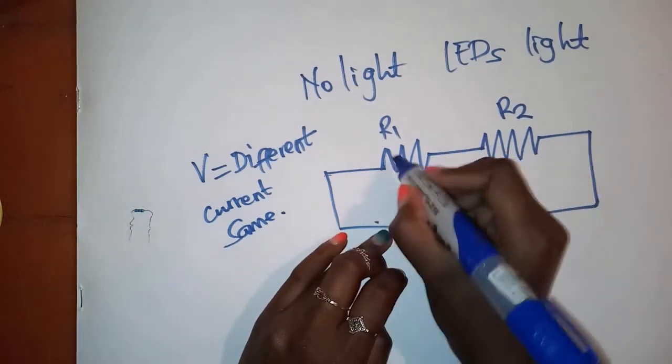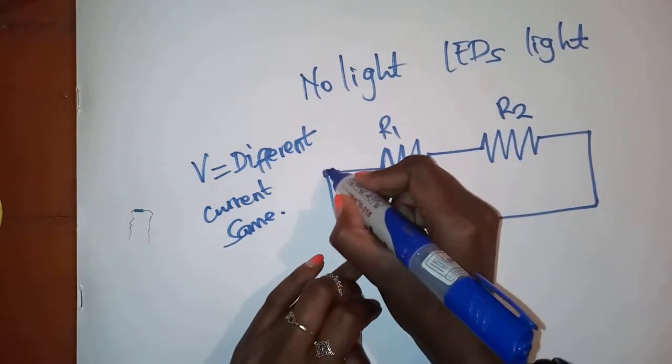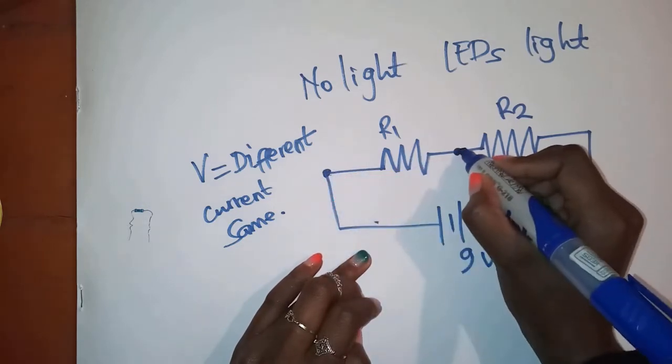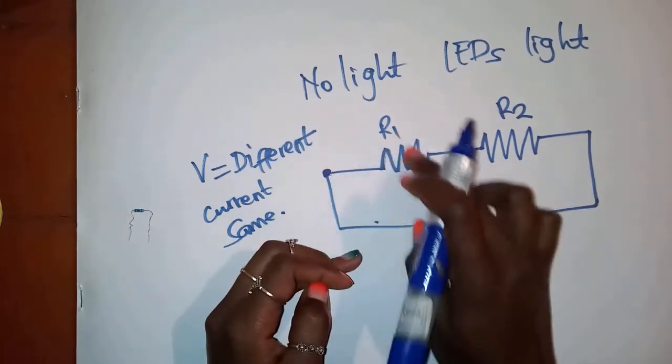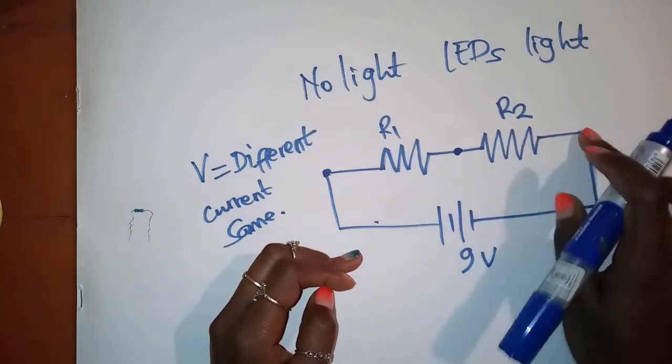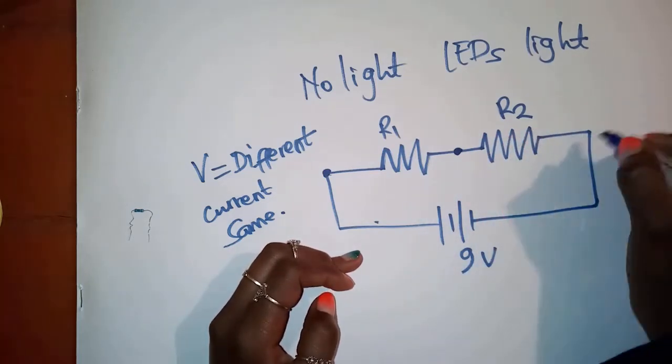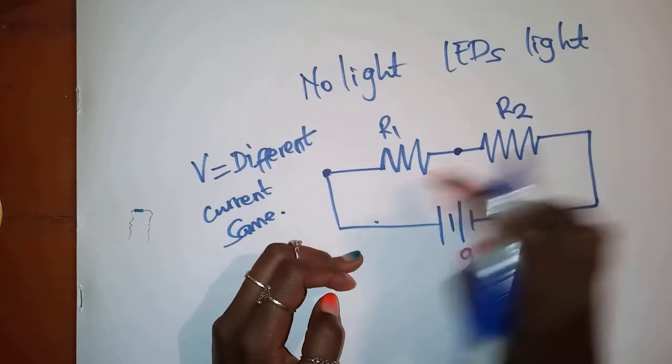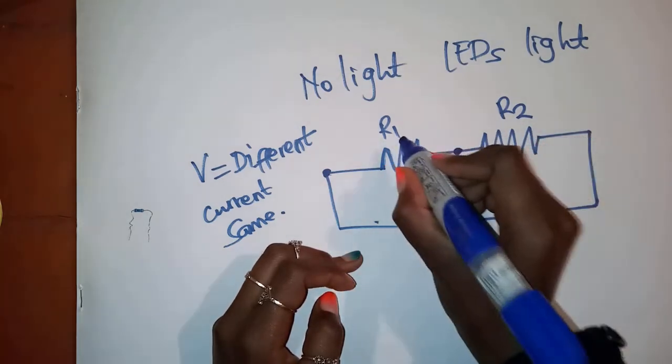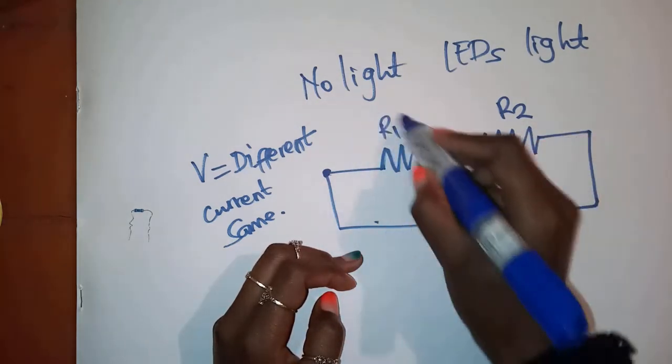Now, the voltage here and the voltage here will be different. That's the voltage flowing through this and the voltage flowing through this second resistor. This voltage will be directly proportional to the resistor.